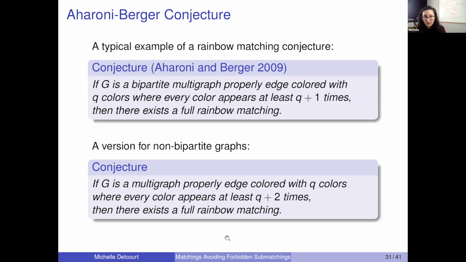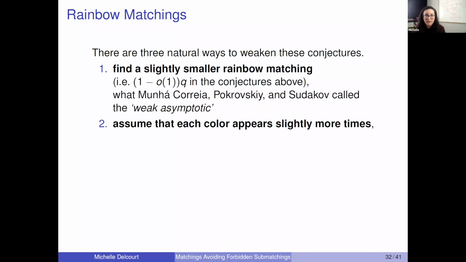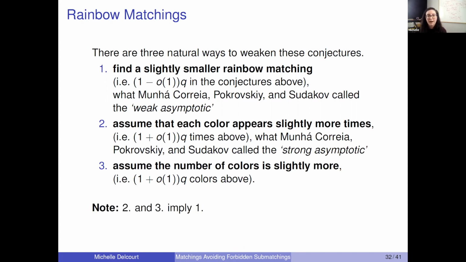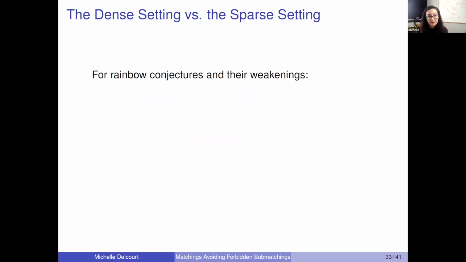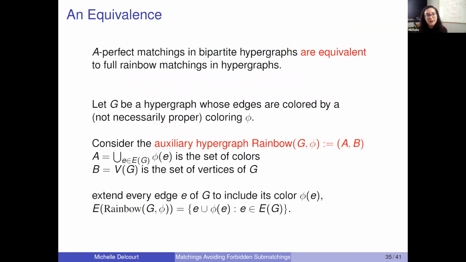These are really hard, but you could ask natural weakenings: finding a slightly smaller rainbow matching, assuming the colors appear more times, or assuming that the number of colors is slightly more. And we are able to do a number of things. Maybe in the interest of time, I will skip the actual statements. If there are questions, I can go back.